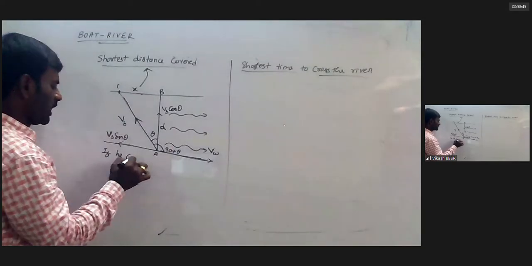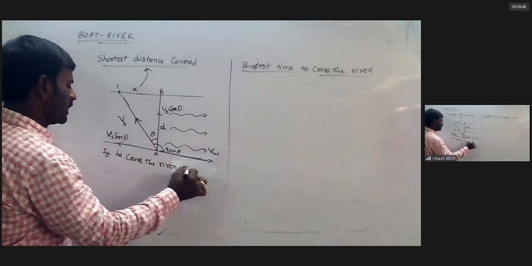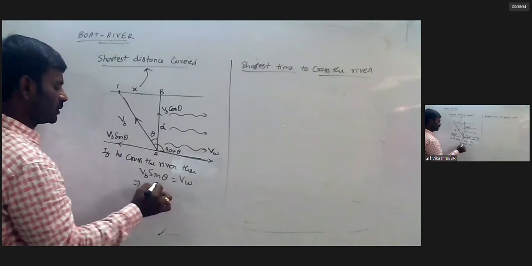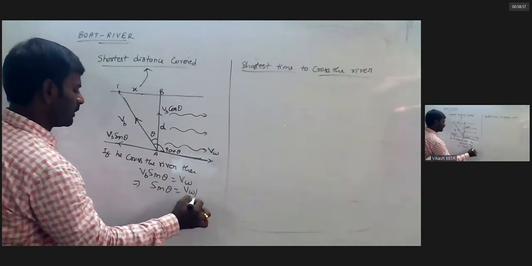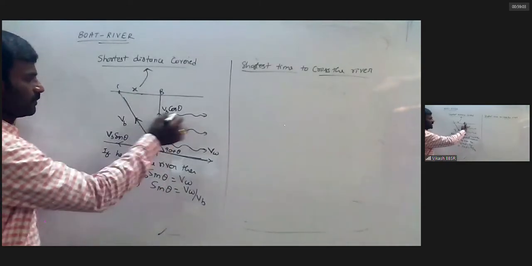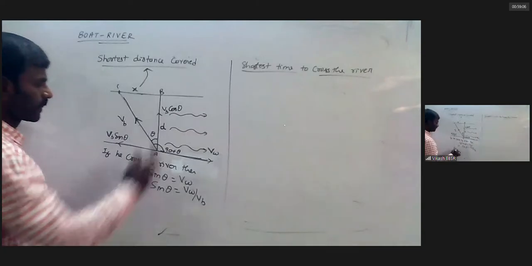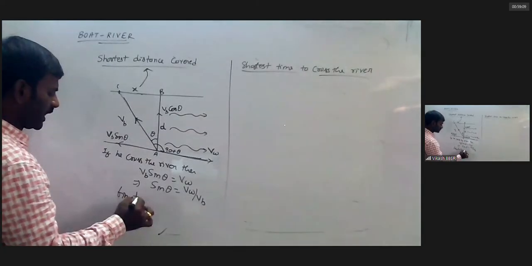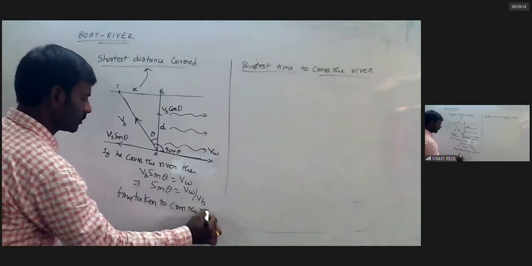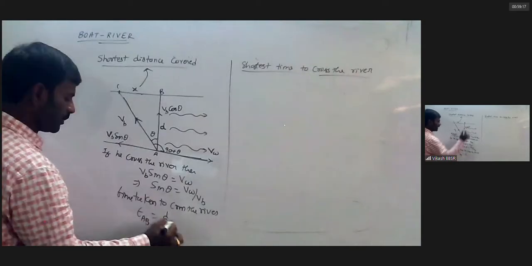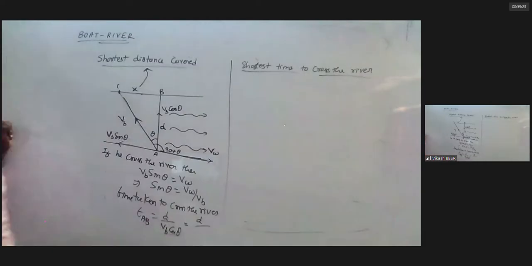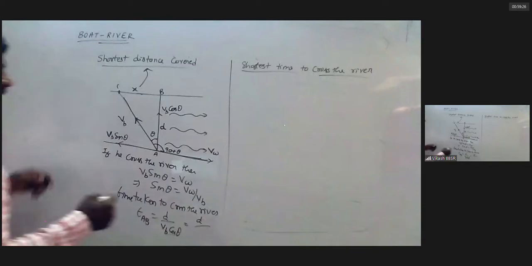If we cross the river, then VB sin theta should be balanced by VW. So sin theta equals VW upon VB. Now what is VAB? Velocity along this one. Time taken to cross the river: TAB equals distance D upon velocity, VB cos theta.